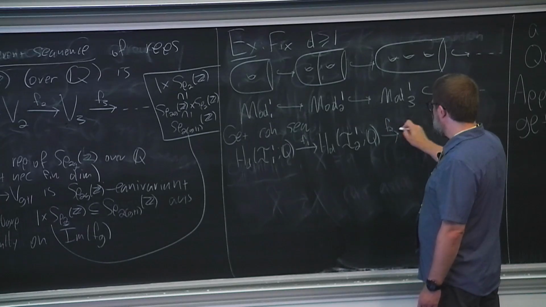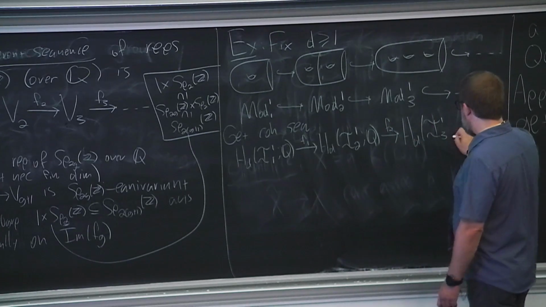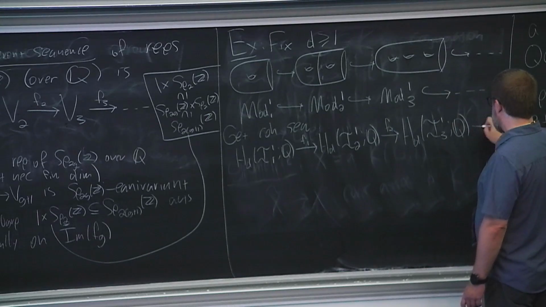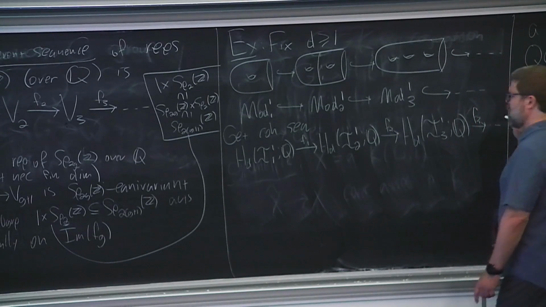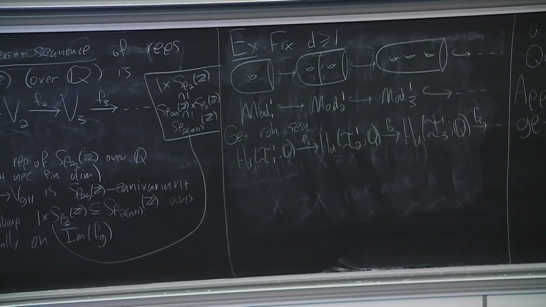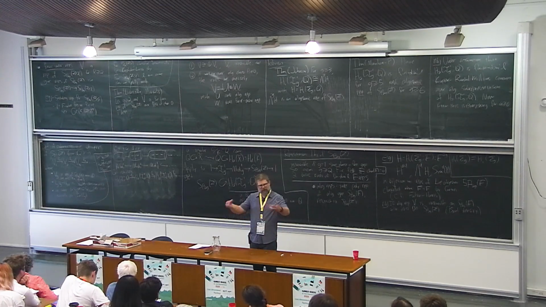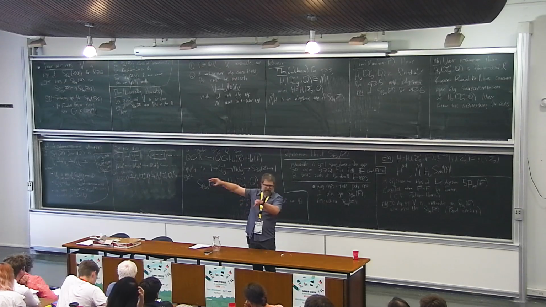There's F2. That's embedded in HD of Torelli 3,1 with Q coefficients. There's F3, and that just keeps on going, right? So if you look at the d homology of the Torelli group, each of them is a representation of the symplectic group, and we have maps from one to the other. Just add a genus to the right-hand side of the surface, right?